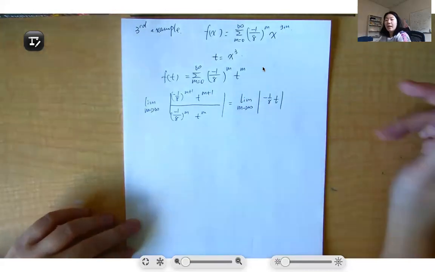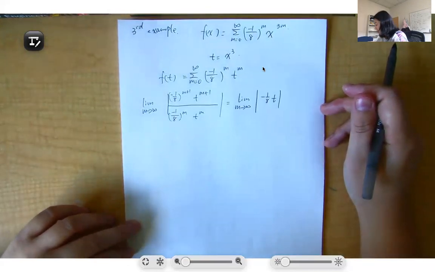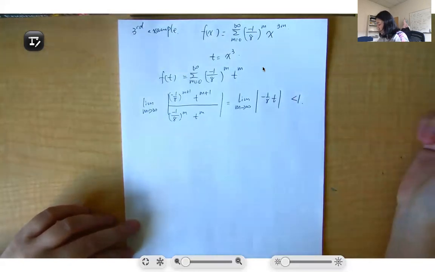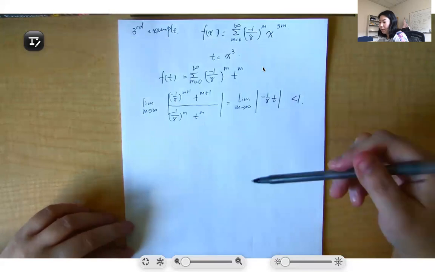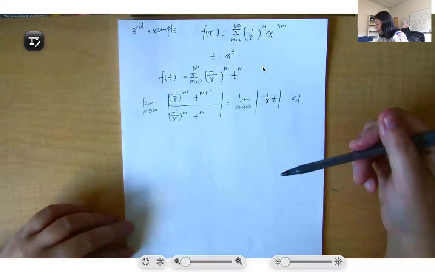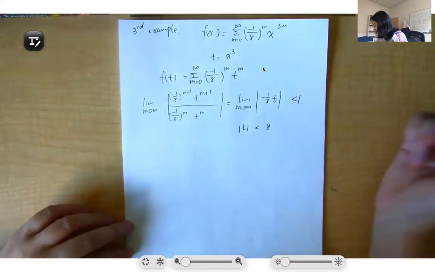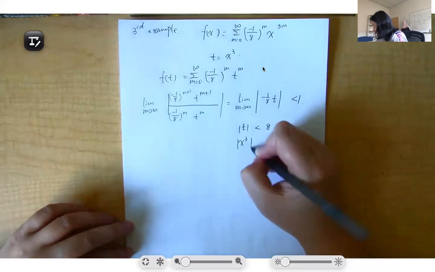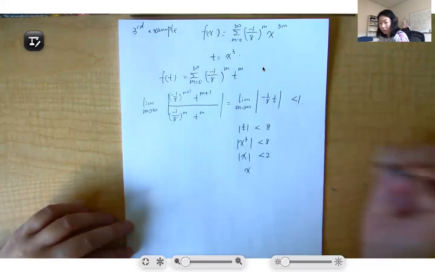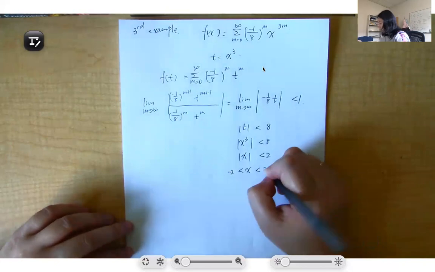When this limit is smaller than 1, that means you are converging smaller and smaller for the m plus 1 order. Then t will be smaller than 8, right? That means x cubed is smaller than 8, so x is smaller than 2. That means x should be in the range of minus 2 to 2.